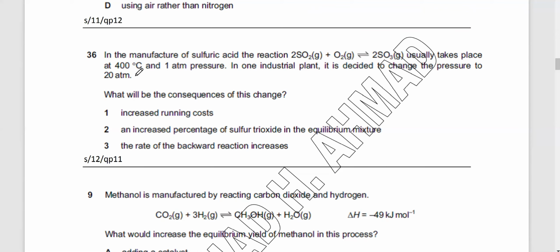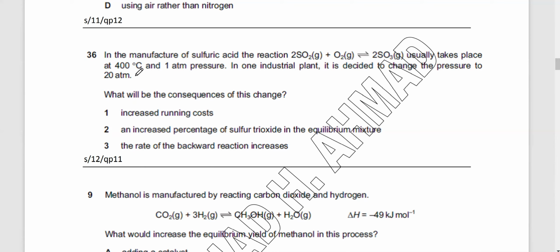Yeah, that's fine. But what about one? You'll also do that because you have to maintain something which is not normal, so obviously that requires energy, which costs money. So that's one of the drawbacks of using a higher pressure. What about three?